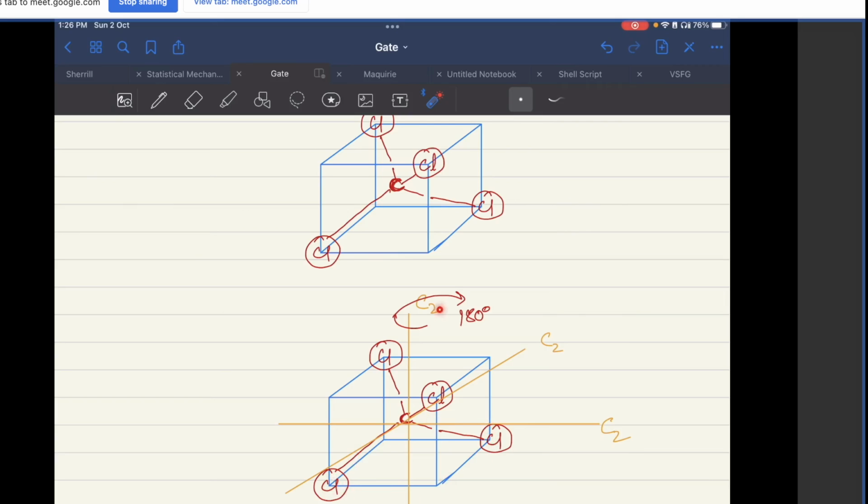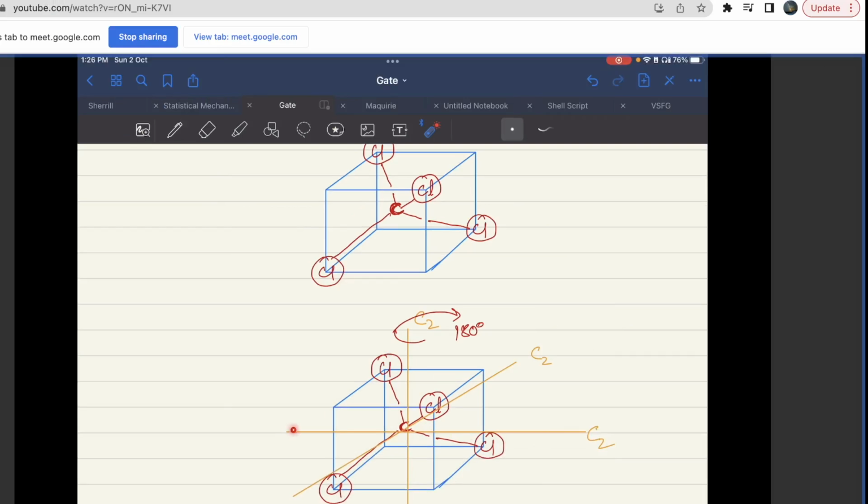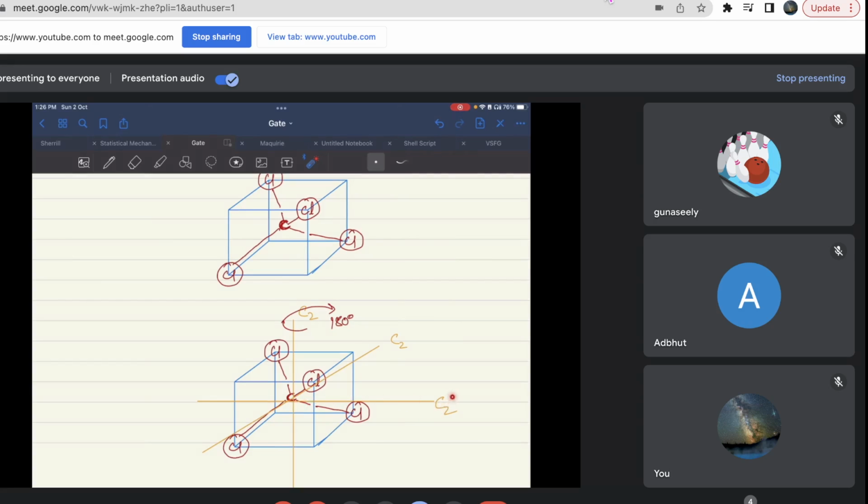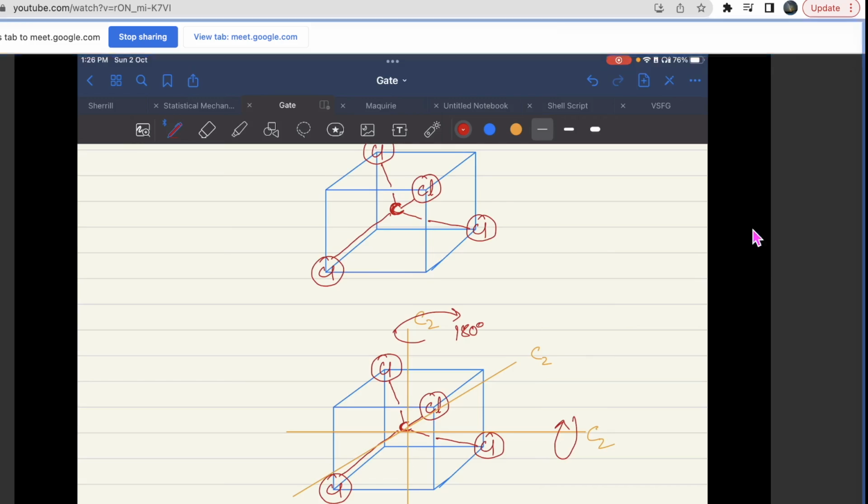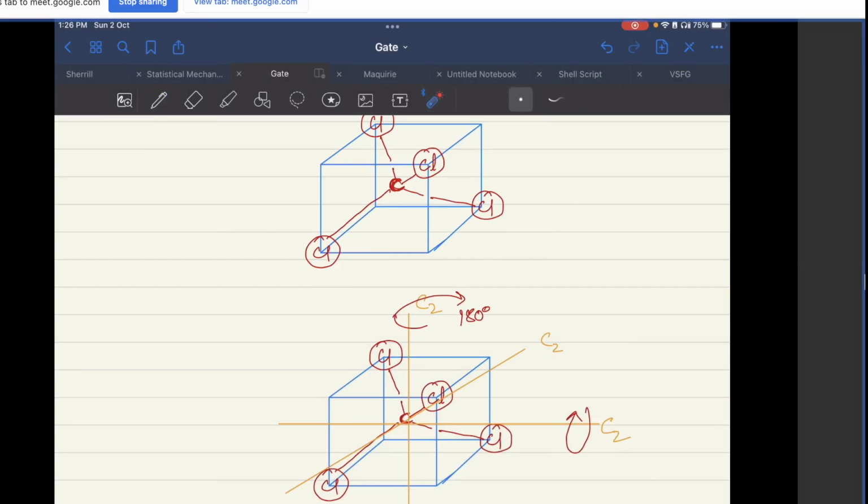So this is one C2 axis I will count, and the next one is the one here. This is again a C2 doing the 180-degree rotation. If I rotate it like this, this Cl will move here, and this will move here, and this will come back here. This will again be an indistinguishable structure for C2, and the last axis is here.